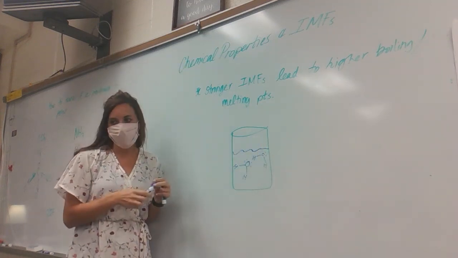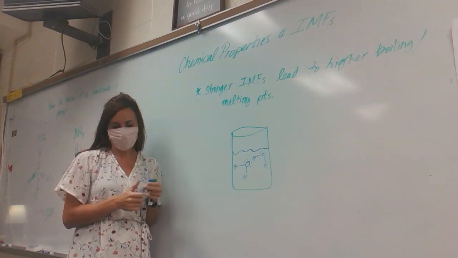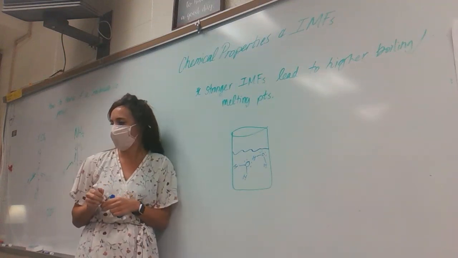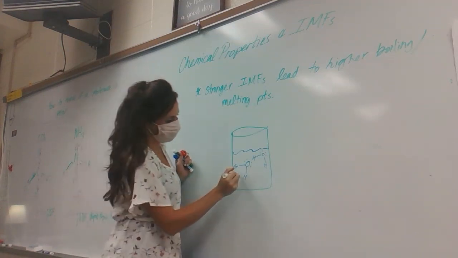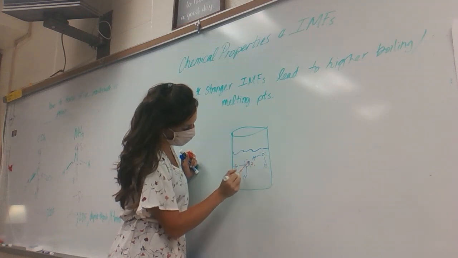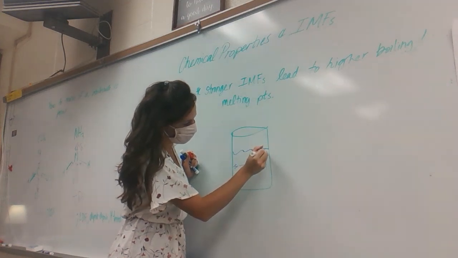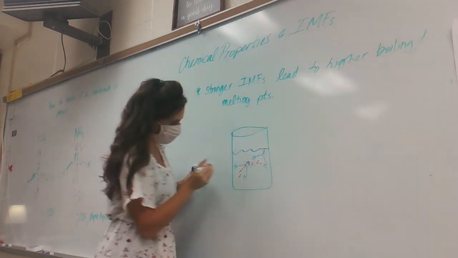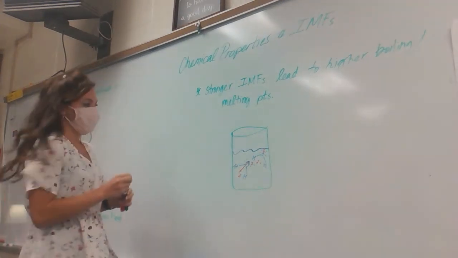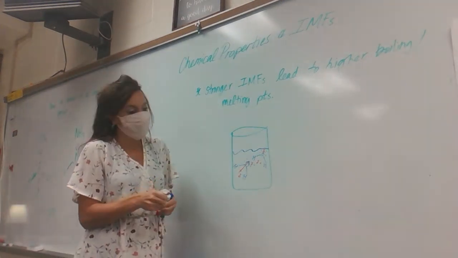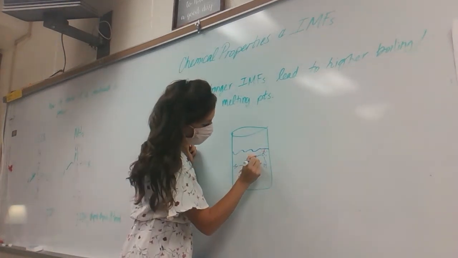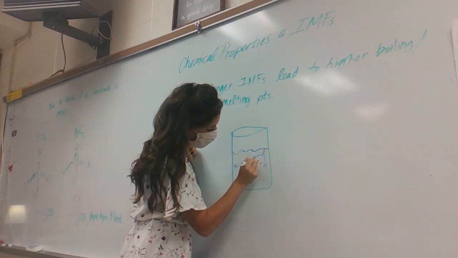Okay, so I have this beaker of water. Is water polar? Yes, towards oxygen. So I have partial negative, partial positive, partial negative, partial positive. The opposite sides, the positive is attracted to the negative. And we have intermolecular forces from molecule to molecule.